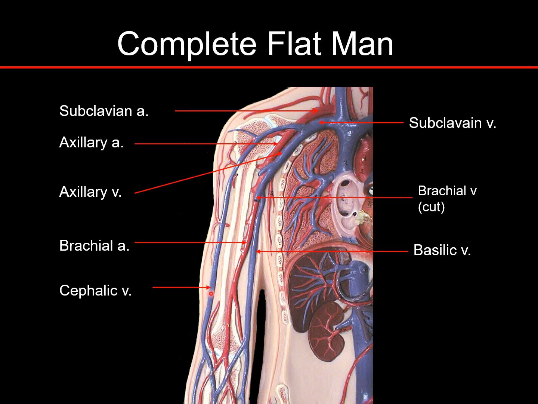There's the cephalic on the outside coming up and joining at the subclavian. Okay, and then there's that brachial artery running with that cut brachial vein deep against the humerus. Okay, and then if you're in this region, you become the axillary vein and artery, and then the subclavian vein and artery.